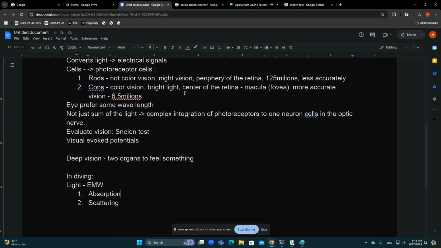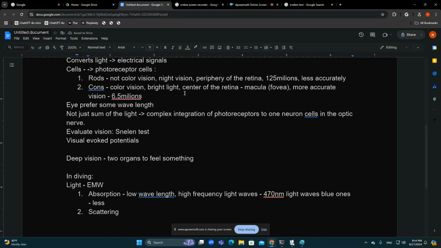Now, one of the very interesting things in light is that the low wavelengths, which are the high frequency light waves, yes, those 470 nanometer light waves, which are the blue ones, are absorbed less.